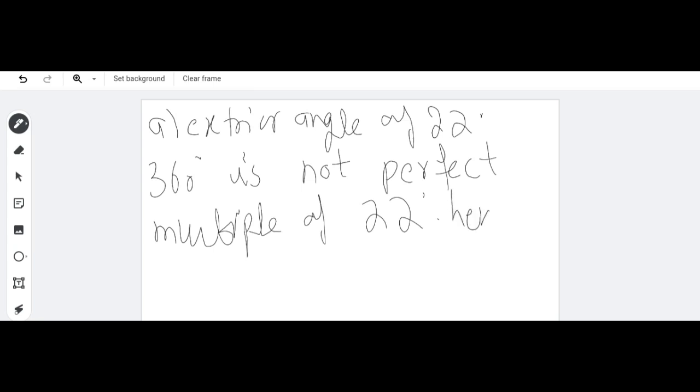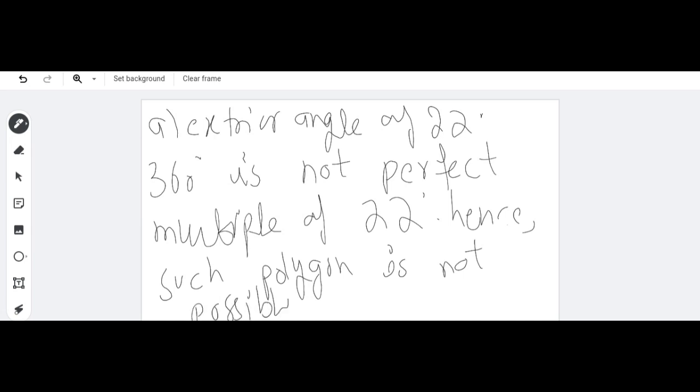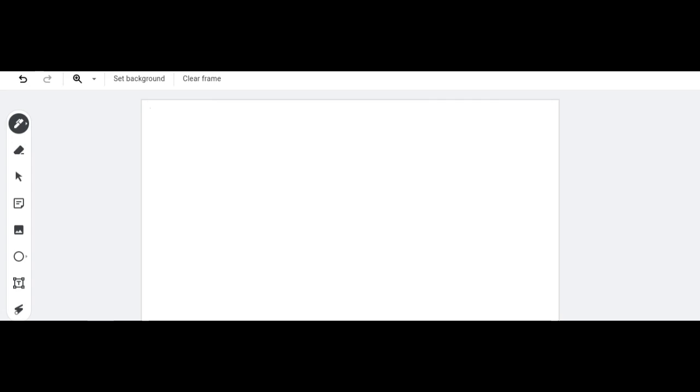Hence, such a polygon is not possible. Understood? Any question? Can I move to the next part? Okay, the B part.